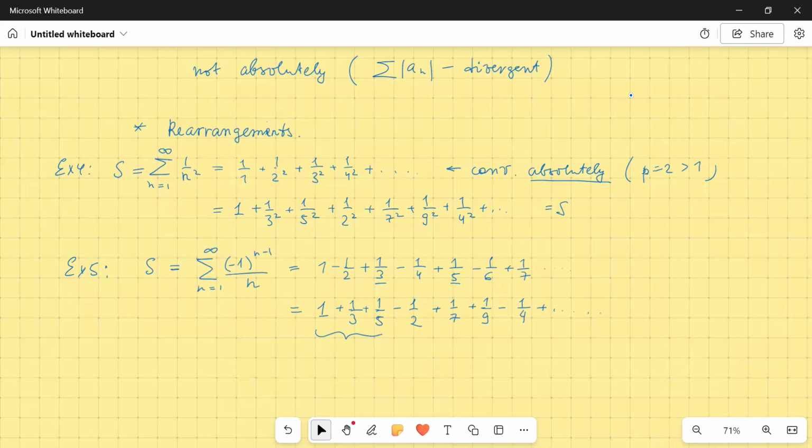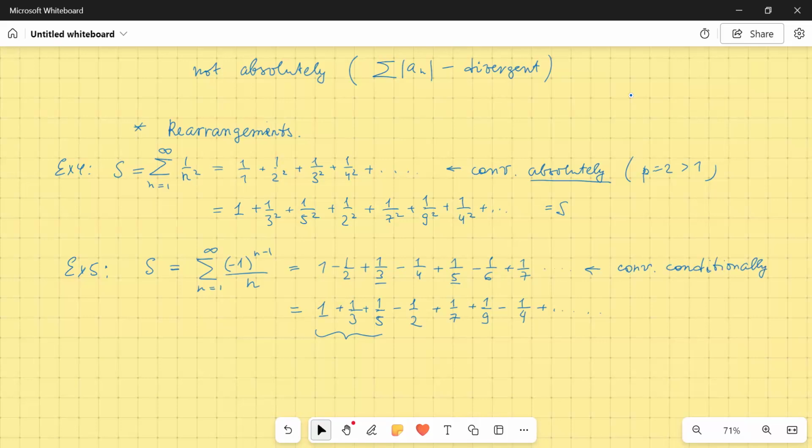Actually, guys, the point here is that you can make this sum converge to any number by making rearrangements. And this is a tricky part in conditionally convergent series. This one is convergent conditionally. We just looked at it. Absolute values are divergent because they are harmonic, but the alternating harmonic is convergent, right?